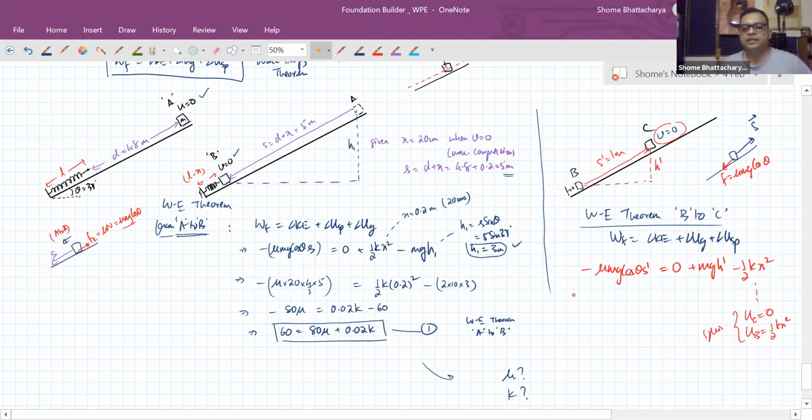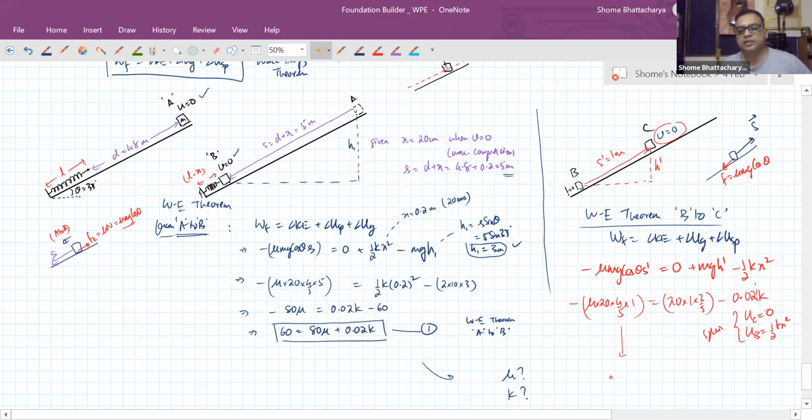So when we write it in the equation, it will become minus of mu into 20 into 4 by 5, into 1, because now the displacement is 1 meter in magnitude. This should be equal to 20 into h prime, which will be 1 into sine theta, so 3 by 5, minus again that term, 0.02 k.